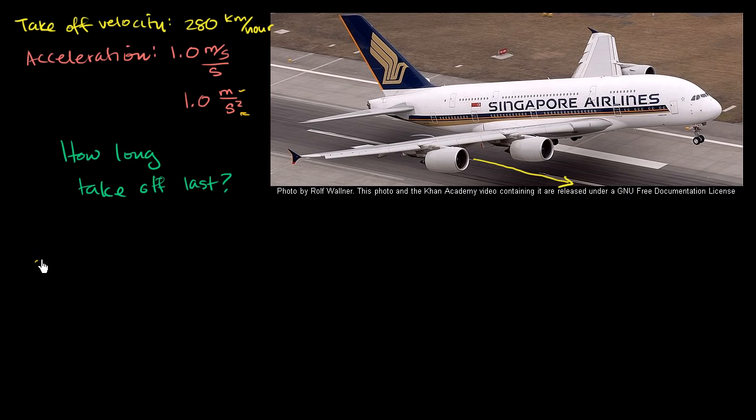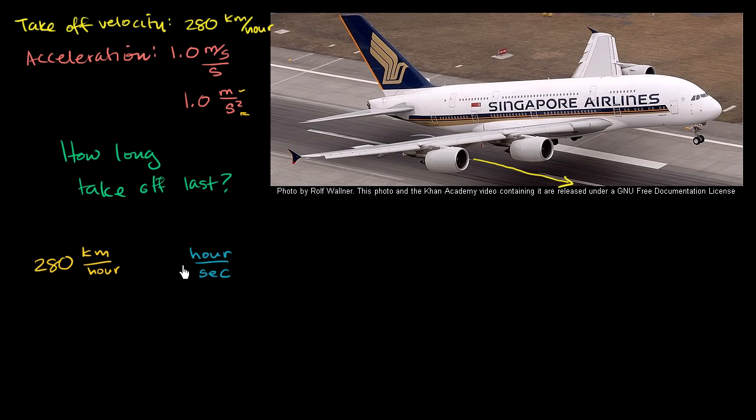So if we have 280 kilometers per hour, how do we convert that to meters per second? So let's convert it to kilometers per second first. So we want to get rid of this hours. And the best way to do that, if we have an hour in the denominator, we want an hour in the numerator. And we want a second in the denominator. So what do we multiply this by?